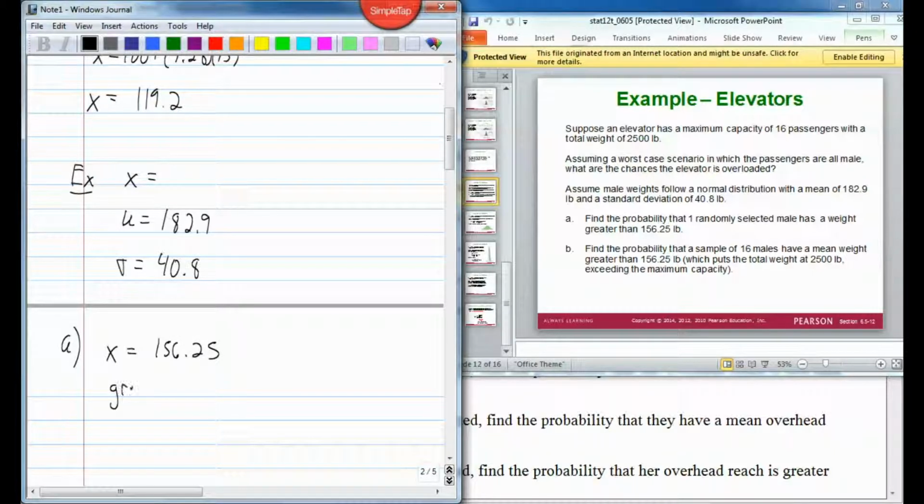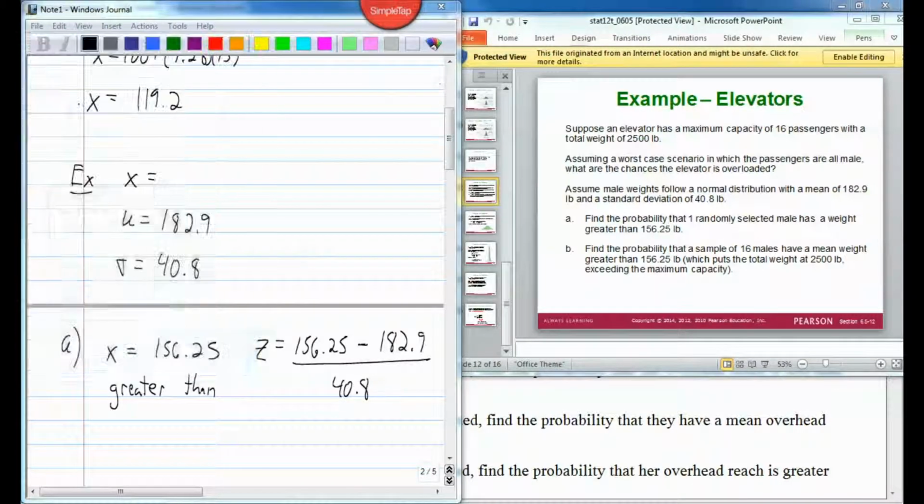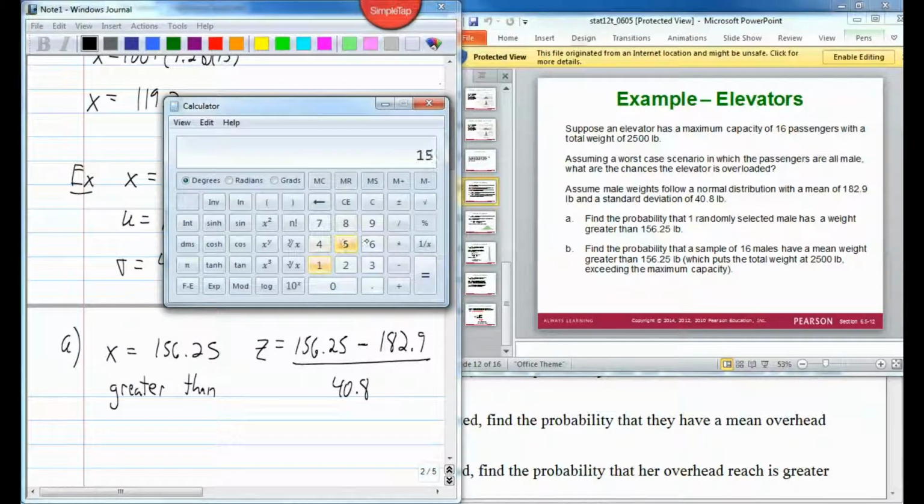It's also important that the problem said greater than. We use that whenever we look back at our z-score chart. So we need to find a z-score for this: x minus mu over sigma. So 156.25 minus 182.9 divided by 40.8.